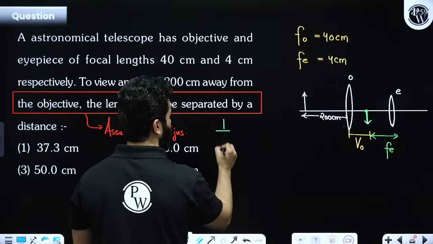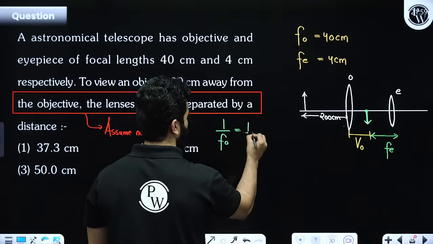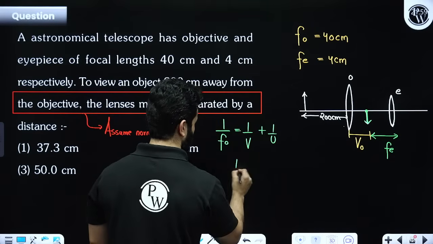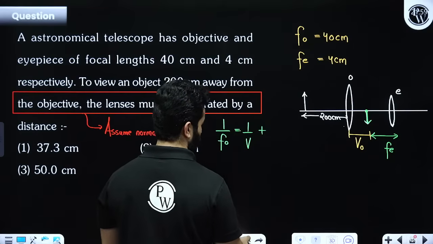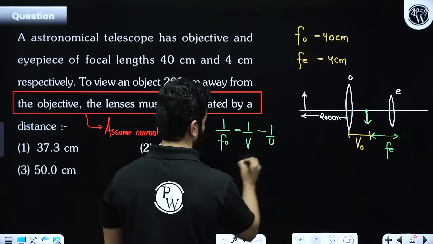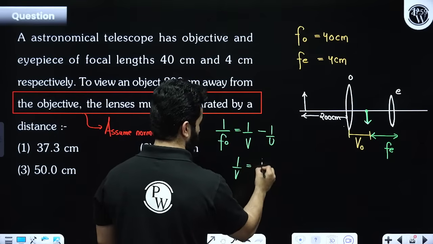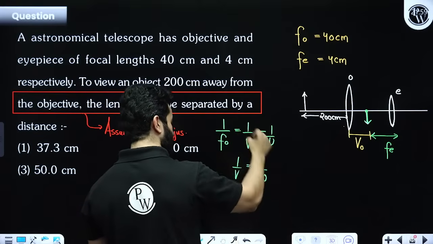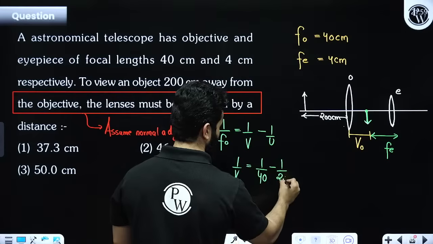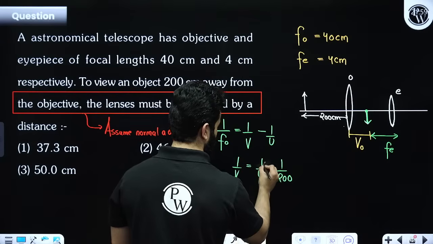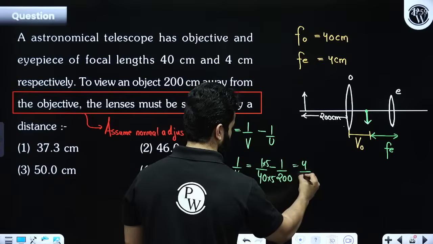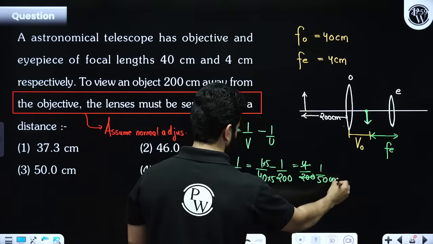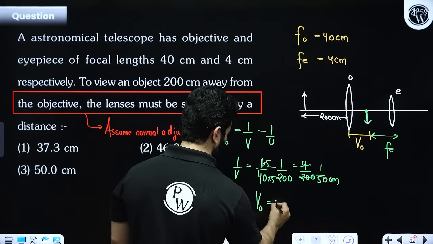We use 1 upon FO equals 1 upon V minus 1 upon U. So 1 upon V will be 1 upon 40 plus 1 upon 200. So 5 plus 1 divided by 200, 4 divided by 200, that means 1 upon 50 centimeter. So VO comes out to be 50 centimeter.